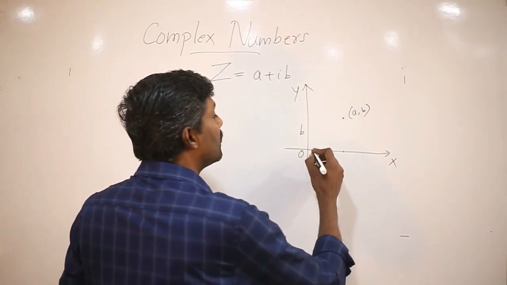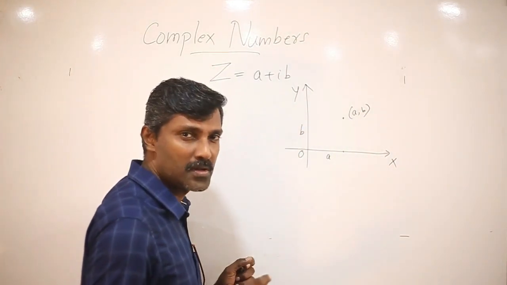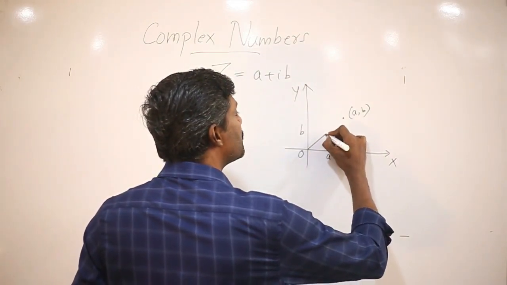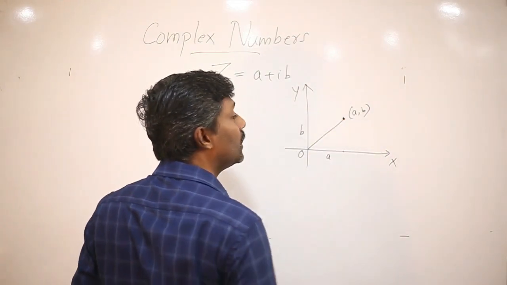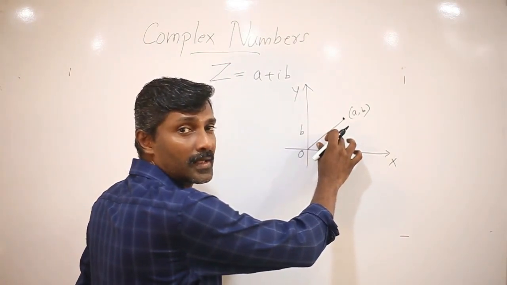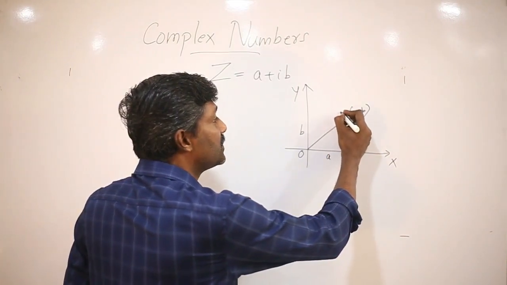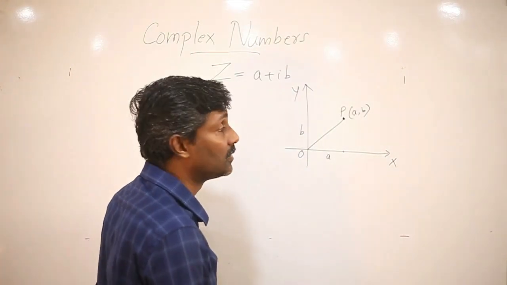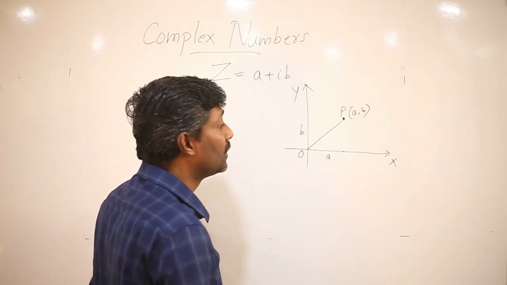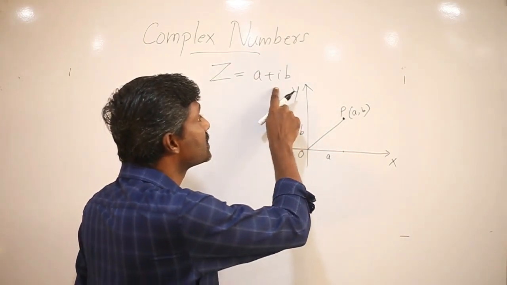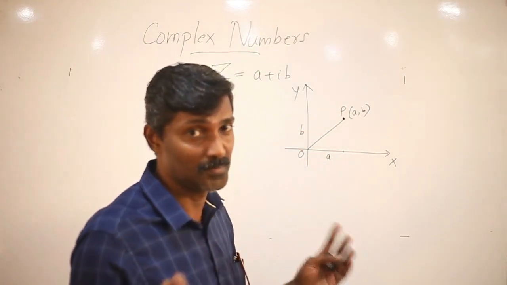Now what do you mean by the modulus of this complex number? Just join the origin and this point. Suppose this is the point P, which represents the complex number with coordinates (a, b), then the length OP is the modulus of the complex number a plus ib. It is as simple as that.